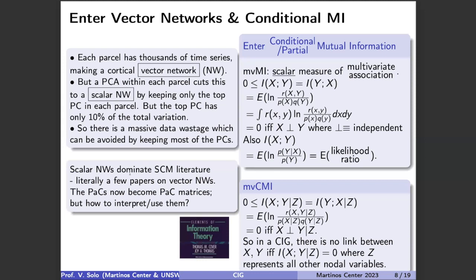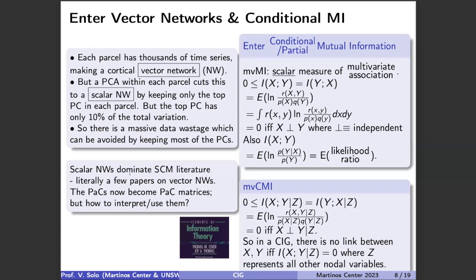So you can repeat the partial correlation story, but you will now get partial correlation matrices, right? If you've got 2 nodes, each of them with 250 time series, I regress all that against all the other nodes that have now got a couple of hundred time series. It's a bigger regression, but when I'm finished, I get vector residuals. And when I take the correlation between them, I'll get a partial correlation matrix.